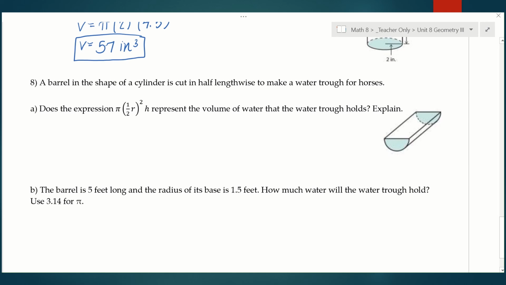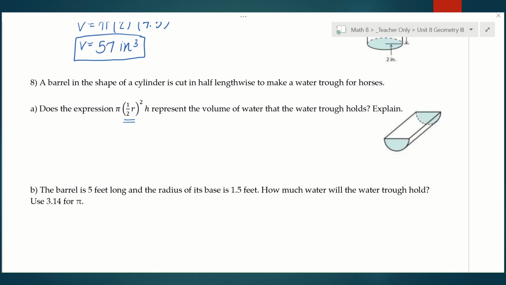So typically, if you think about how we would do this in any situation, we would probably find the volume of the whole cylinder and then take that volume and divide it by 2. So the formula that they're giving us, if you look closely, what they're doing is they're taking half of the radius, which really is not the same as dividing the entire volume by 2.